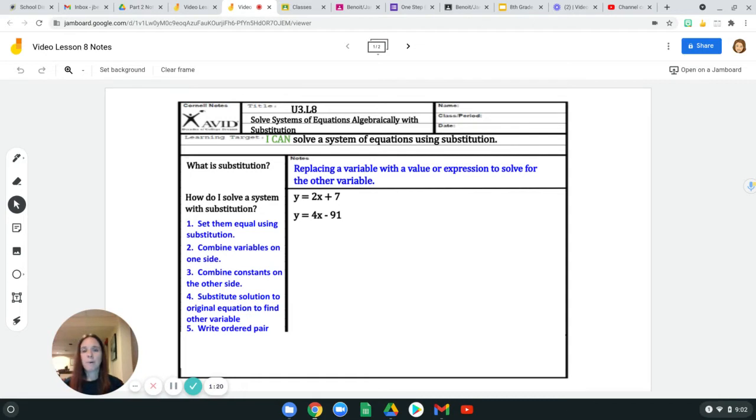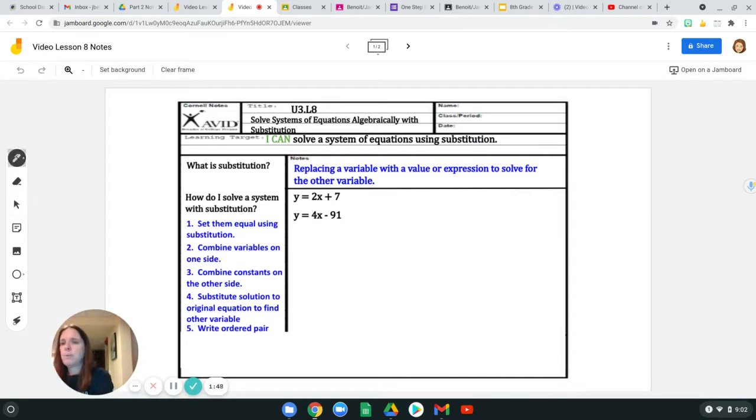So our first example is written out for us. y equals 2x plus 7 and y equals 4x minus 91. Okay, so that's our system. Now, if we go back to a previous lesson and think about what we can see, these are both in slope-intercept form. So that's great because we can see the slopes and we can see the y-intercepts. And what we already know about this is they have different slopes.